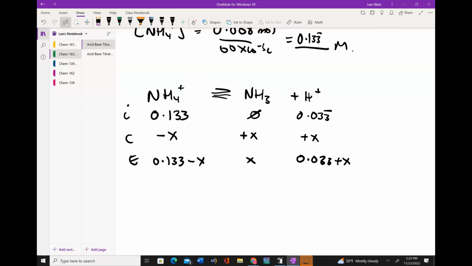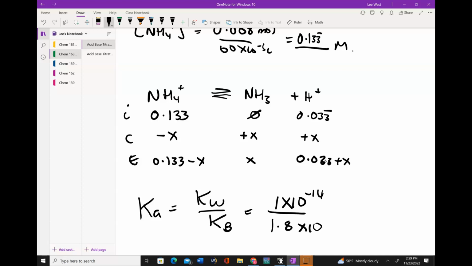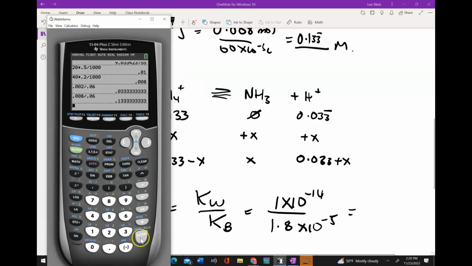So it's not going to be much, it's going to be pretty small, because the Ka for the ammonium ion is going to be Kw over Kb. So that will be 1 times 10 to the minus 14 over 1.8 times 10 to the minus 5. And you're going to see that this is a really tiny number. We'll do the math.